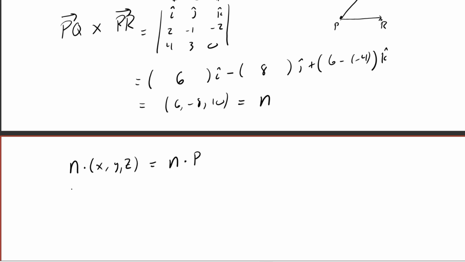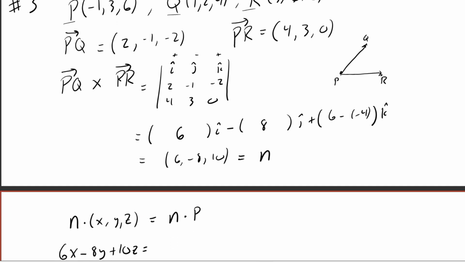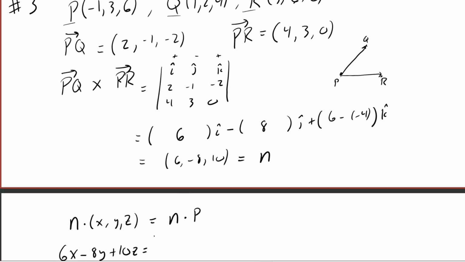Okay, so now I'm going to go ahead and distribute this. So I have 6x minus 8y plus 10z equals, so n dot p, I have minus 6 minus 24 plus 60.